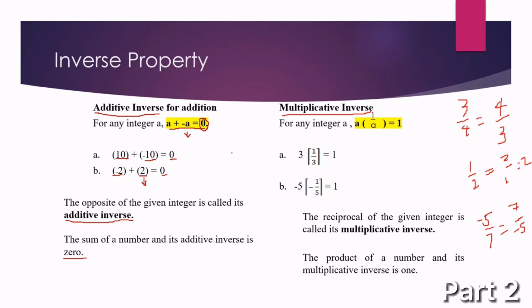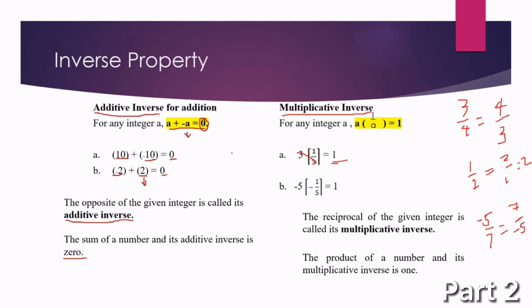Okay? So for any integer a, a times its multiplicative inverse or reciprocal is equal to 1. For example, 3 times the reciprocal of 3, which is 1/3. When you multiply the two numbers, the answer is 1. So that simply cancels 3 and 3. The product is 1.